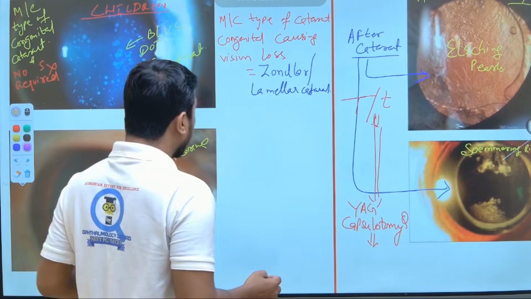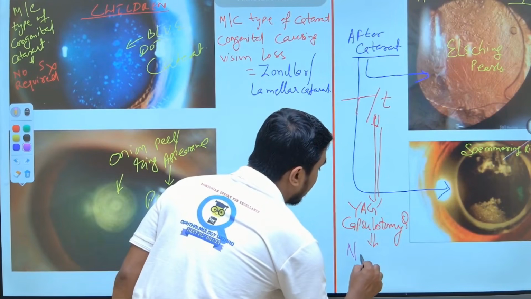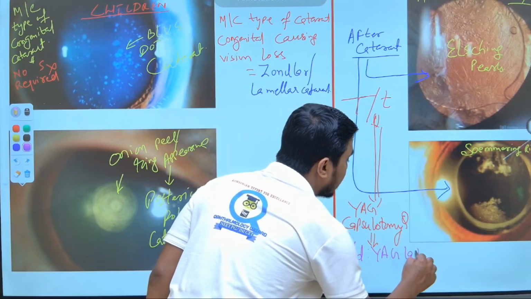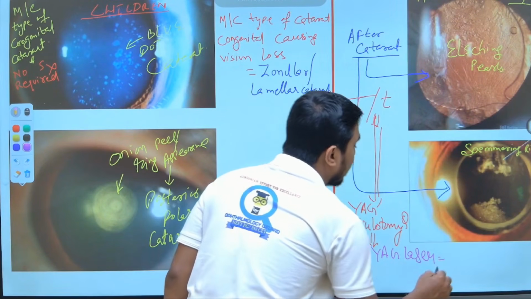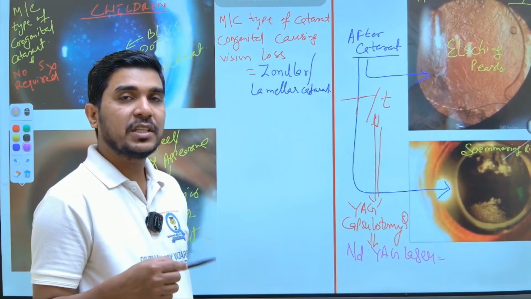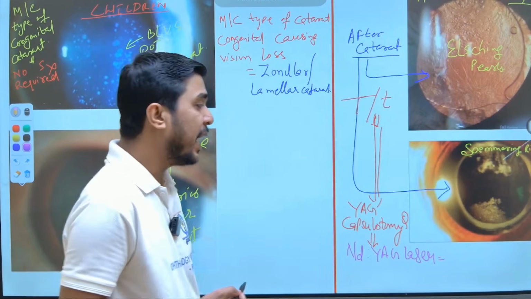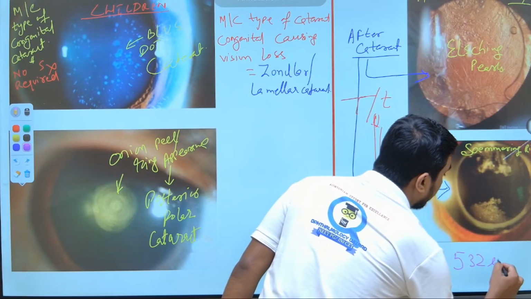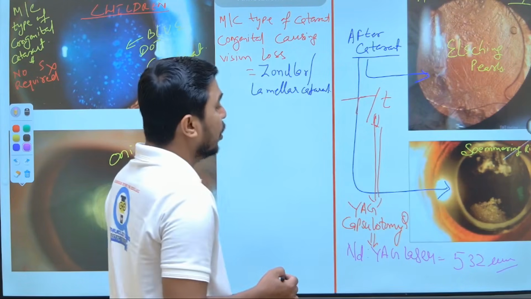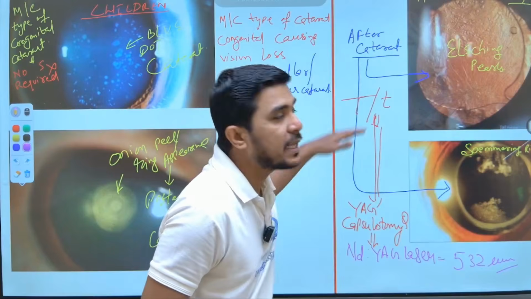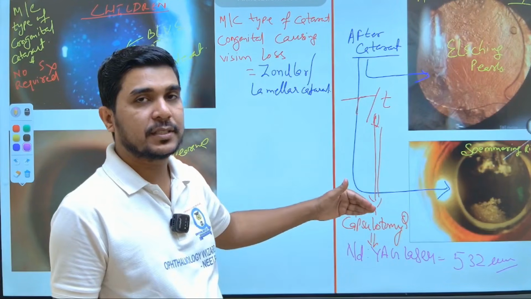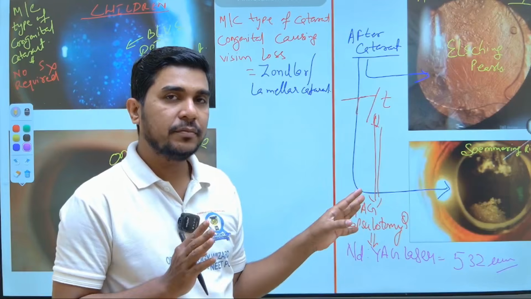The laser that we use here is the Nd:YAG laser. Again, they will ask what the wavelength of this Nd:YAG laser is. The wavelength will be 532. All these things are important MCQs. I hope you understand.